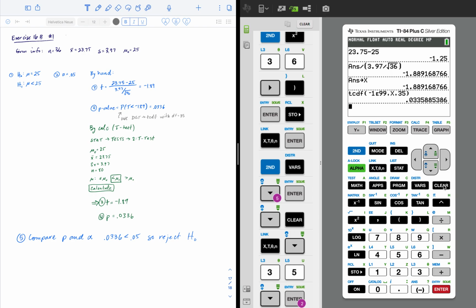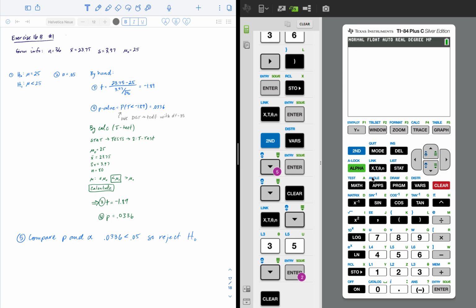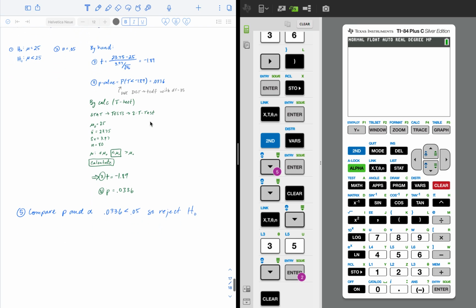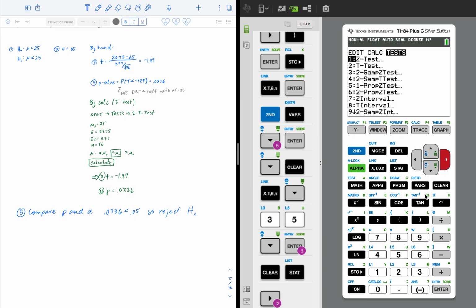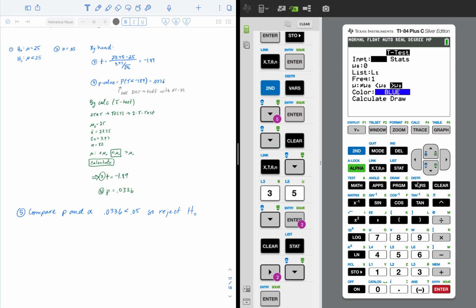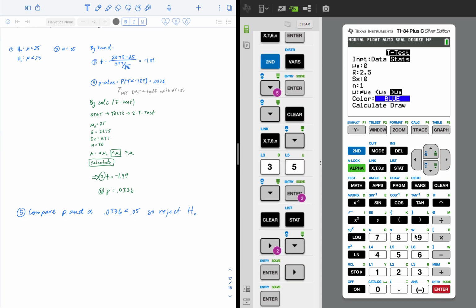So I'm going to clear, and now I want to show you what you see here in green. We go to stat, we go to tests, we go to the t-test, and hit enter. Now, we are going to input not a set of data from a list, but instead specific statistics. So arrow over and hit enter at statistics. And now we just enter all that given info right here.